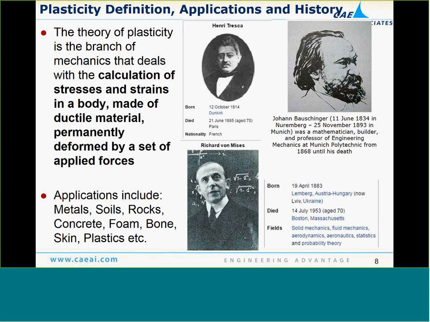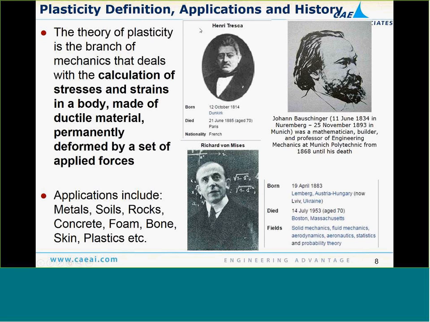So as part of putting together a little webinar, I always like to do a little history search. As many of you probably know, three of the most important founders in the area of plasticity are Tresca, who did his work in the early to mid-1800s.